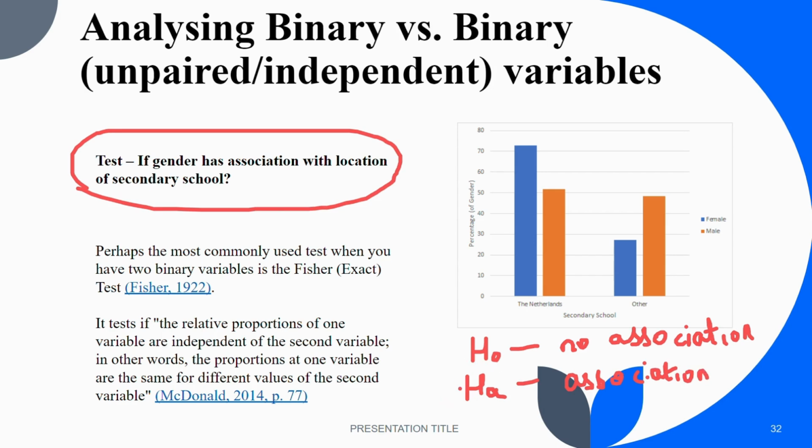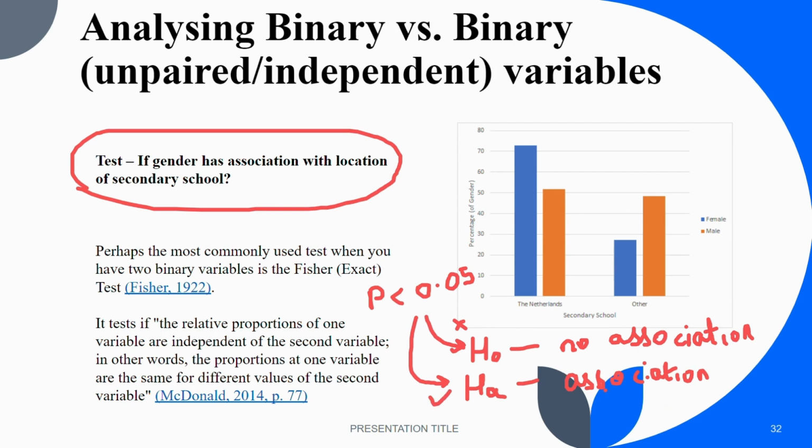And we have to prove which is correct. So if the p value is less than 0.05, then we will say that the null hypothesis is rejected and we will go for the alternate hypothesis.